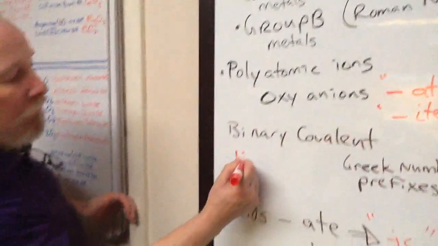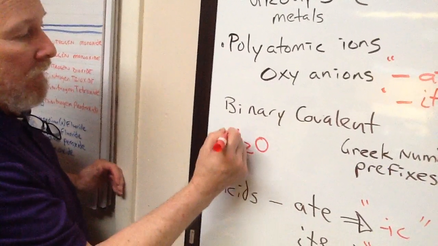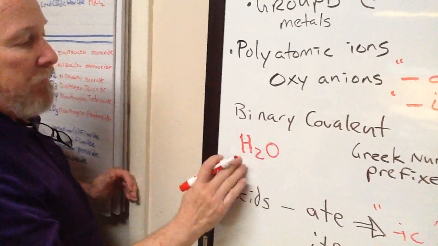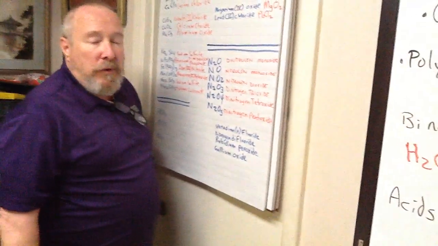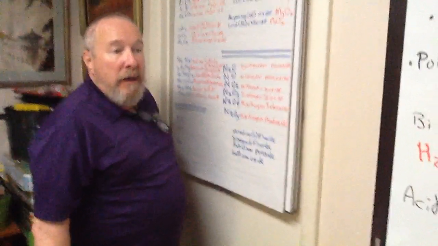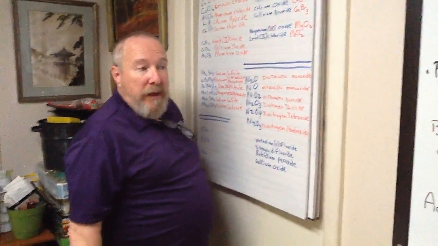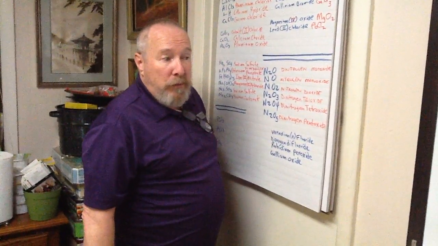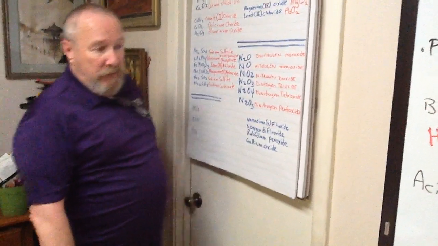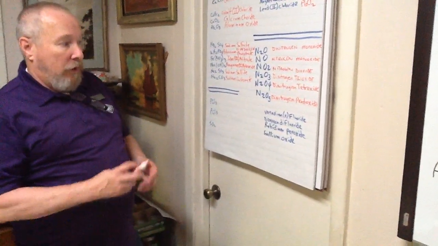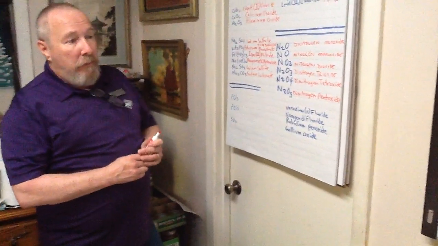H2O, which we all know as water, that's its trivial name. Its official name would be dihydrogen monoxide. Except everybody would look at you funny if you actually said that. Its official IUPAC name, according to the naming rules, would be dihydrogen monoxide. However, it's known as water so much, that's the way it's going to go.